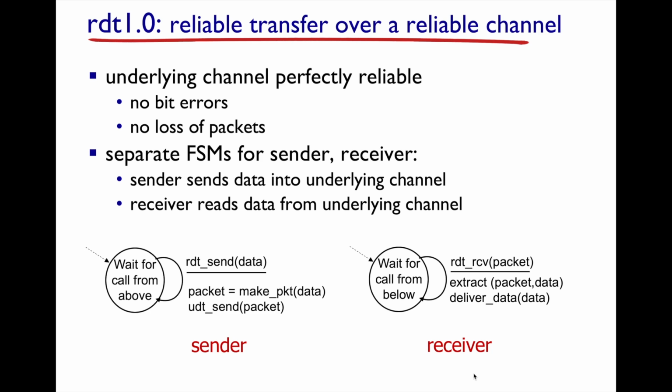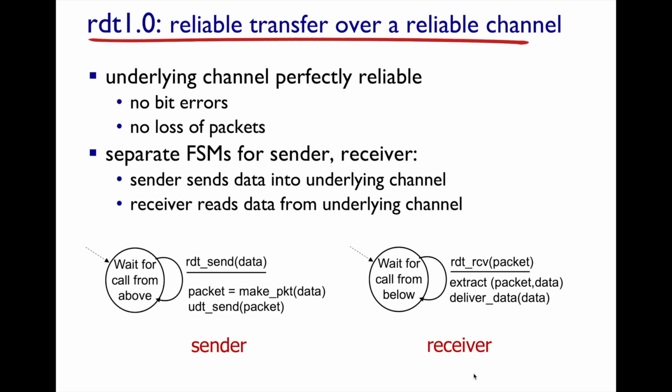That segment is going to have header information like the port number associated with the socket that calls send, as well as some other pieces of information that's meaningful to the transport layer. So now, as a consequence of this make packet, we have a segment, and that's our packet that's constructed in the transport layer. And then it goes ahead and calls UDT send, unreliable data send.